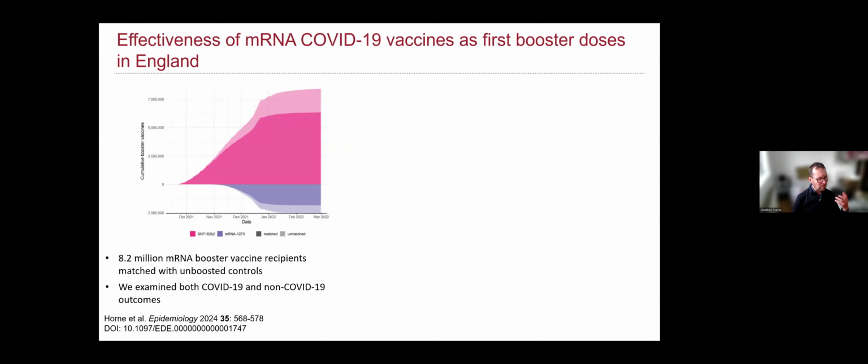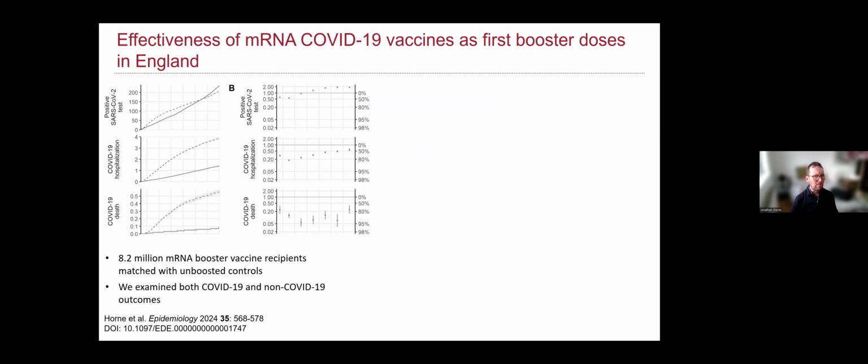So undaunted, we carried on implementing the sequential approach, and although this was published as a preprint, I think in late 22, certainly during 23, this paper was published in Epidemiology in 2024, looking at 8 million recipients of mRNA vaccines, comparing them with unboosted controls.